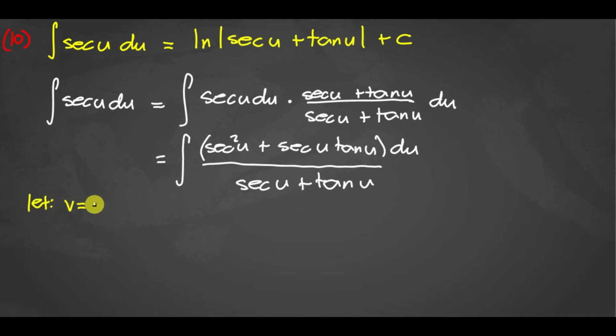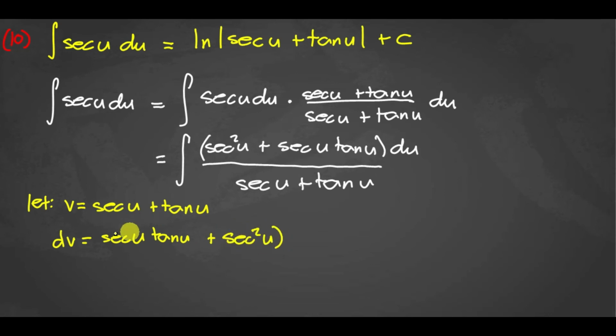Now if we let v be equivalent to secant u plus tan u, and take the derivative of our variable, then dv is equivalent to the derivative of secant u, which is secant u tan u, plus the derivative of tan u, which is secant squared u, du. Then we can substitute this term as our dv.